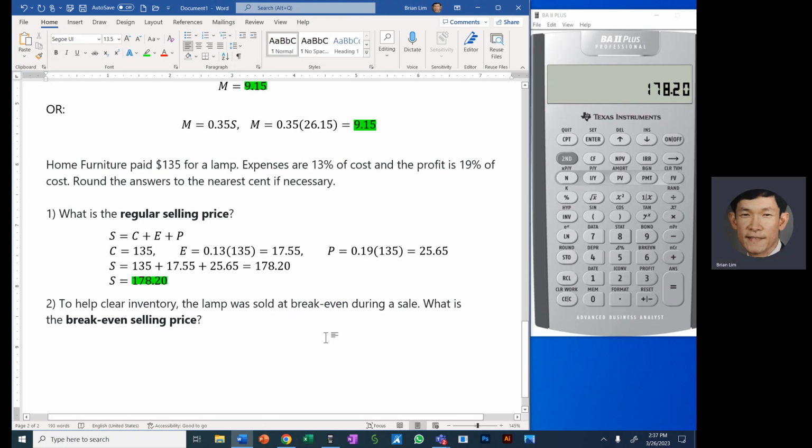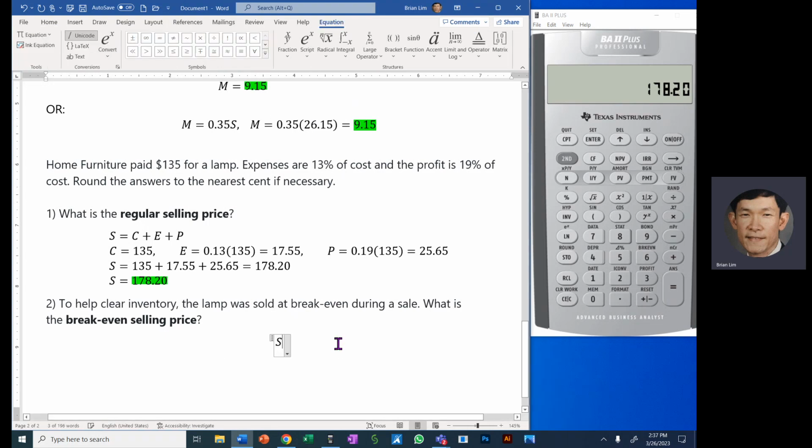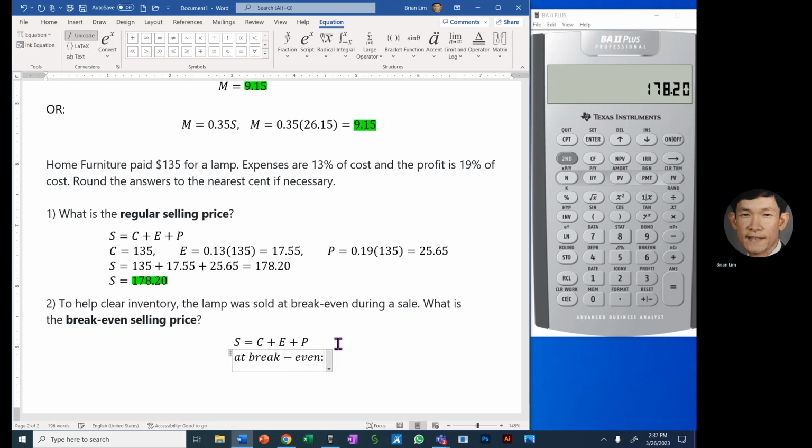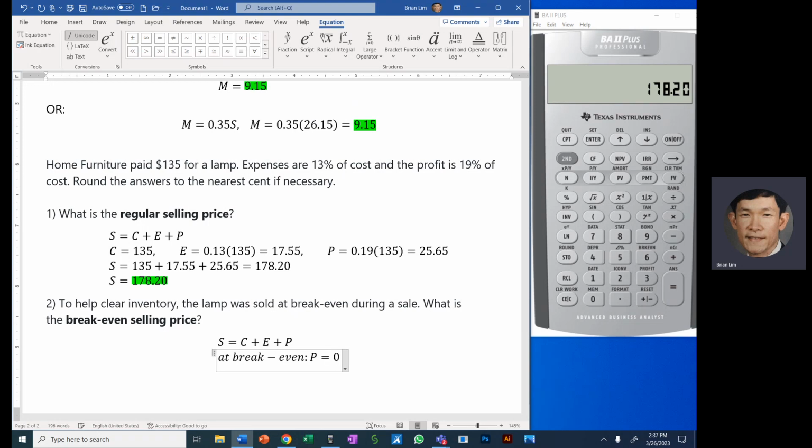Well, we know that at break even, all right, let's put the formula in first. If we have S is equal to C plus E plus P, right? And what do we know? Well, we know that at break even, right, the profit is equal to 0.